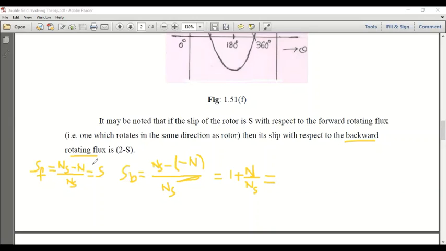From this equation, 1 plus 1 minus S, so this is 2 minus S. Okay, so this is 2 minus S.